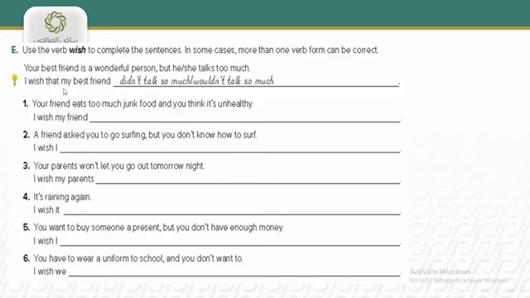So, it's done for you. I wish that my best friend didn't talk so much or wouldn't talk so much. Number one, your friend eats too much junk food and you think it's unhealthy. How could you advise him using wish? That's right, I wish.